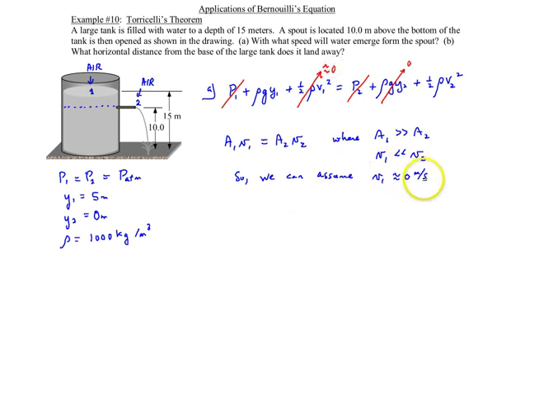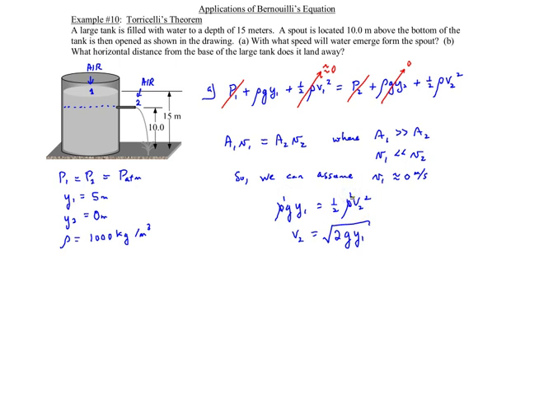So essentially we end up with rho g y1 equals 1/2 rho v2 squared. Velocity 2 will be equal to the square root of 2g times y1, because the densities have canceled out.